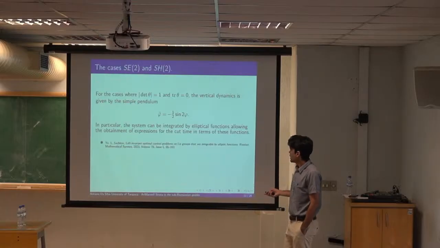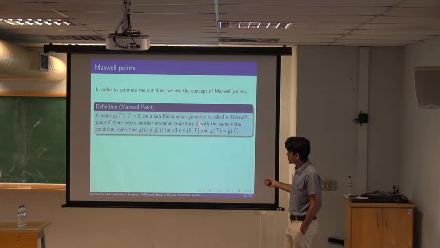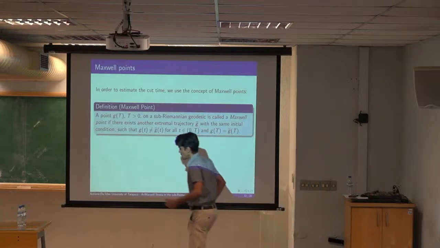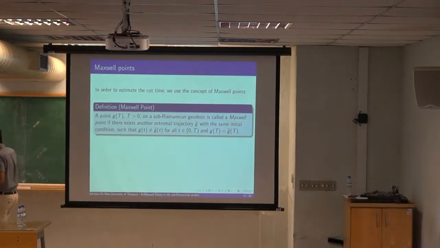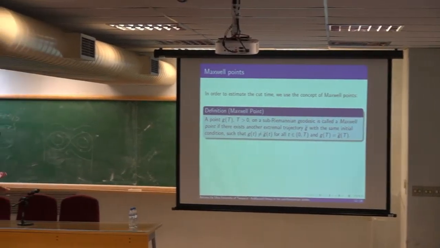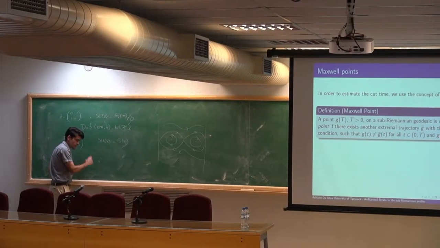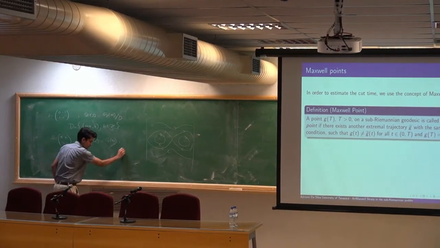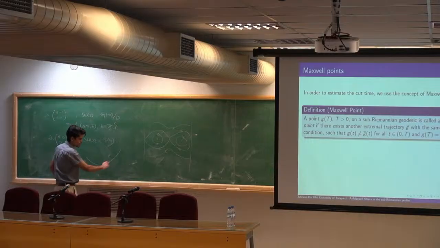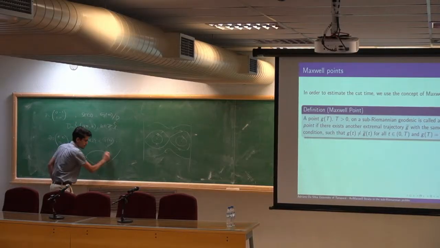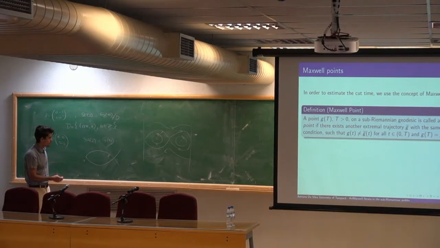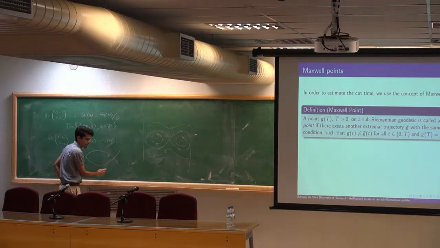Okay? And one thing that they use to estimate this period, to get an upper bound, is what we call a Maxwell point. A Maxwell point basically is if you have all the geodesics, since we are in the invariant case, starting at the origin. So if you have a geodesic here, okay, and you have a second geodesic here, meaning solutions of this Hamiltonian, and they intersect at some point and are different at every point before, so this geodesic here is not optimal after this point.